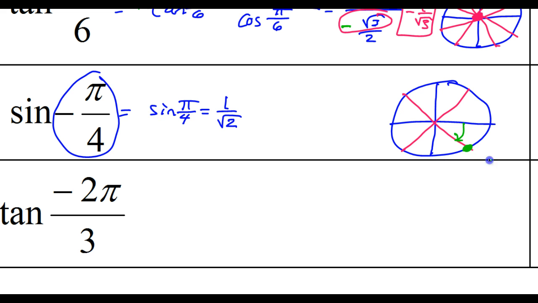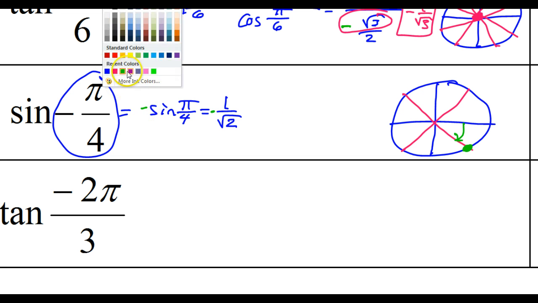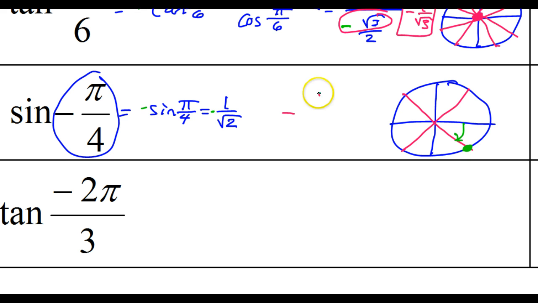Sine is the y value, so in this quadrant, it's going to be negative because it's low. So I will need a negative on this. That's why my final answer is negative 1 over radical 2. Any questions on that one?